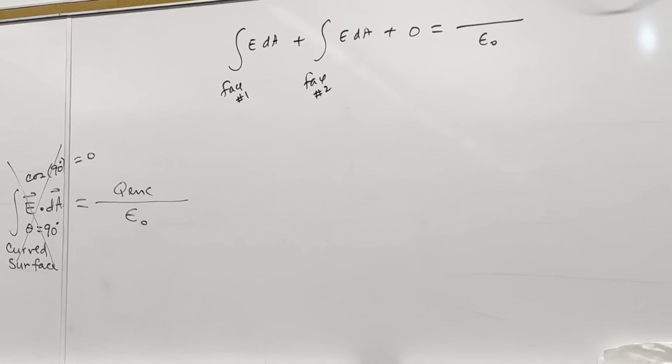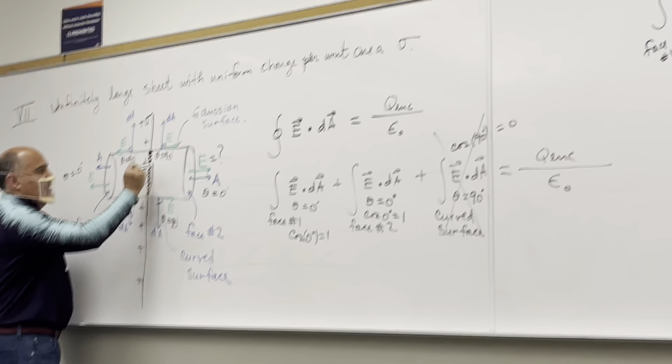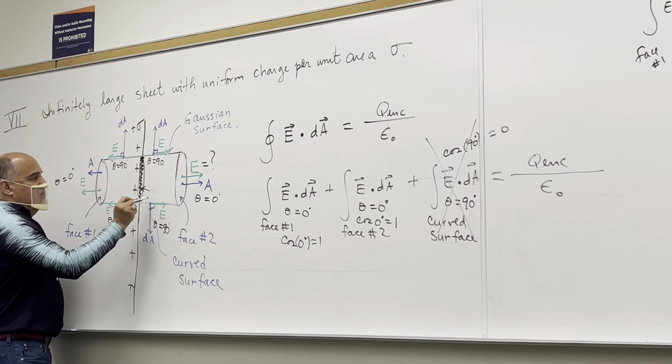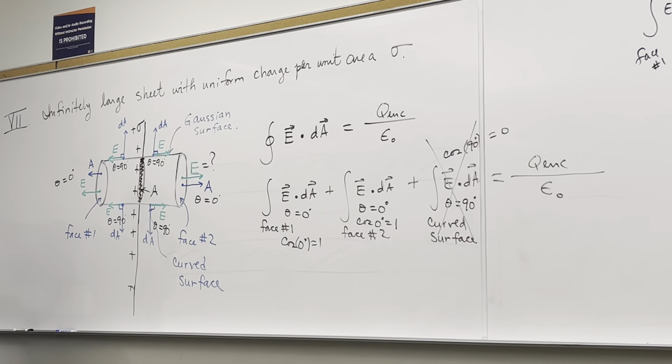Look at the Gaussian surface, what will be the total charge? The charge will be here, right? What's the area of that? Same A, right? And what is the charge per unit area? Rho, sigma?